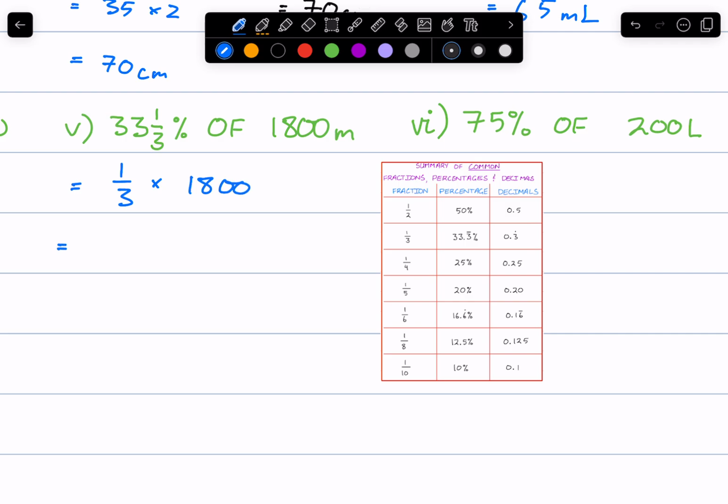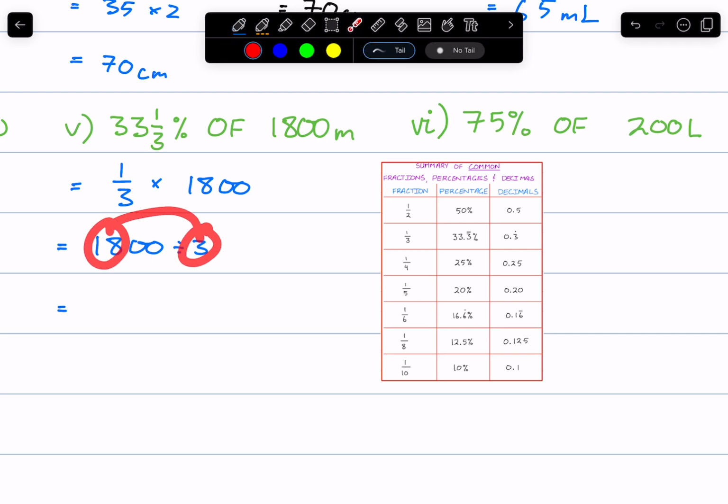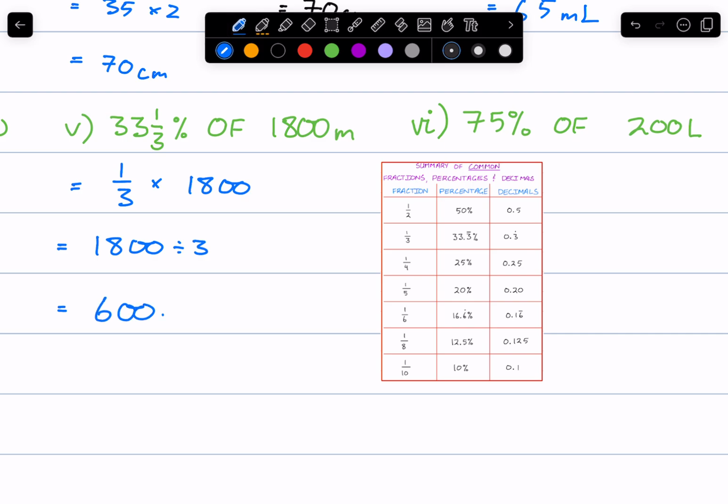But as we've seen, it's the equivalent of 1,800 divided by 3. Rather straightforward for this one because it's 18 divided by 3, which is 6 with 2 zeros. So 33 1/3% of 1,800 is 600 meters.